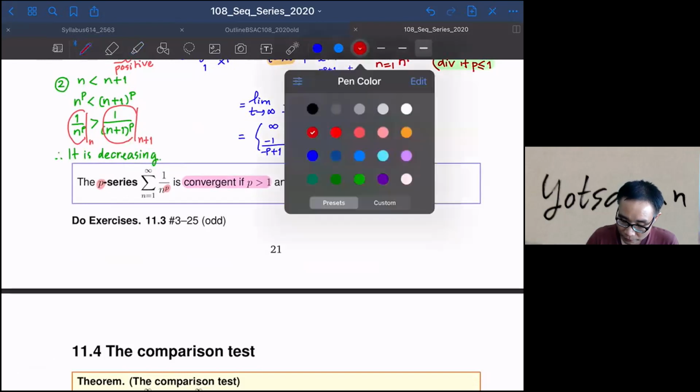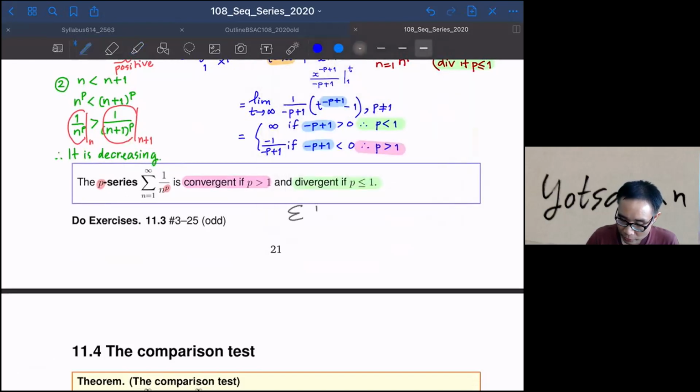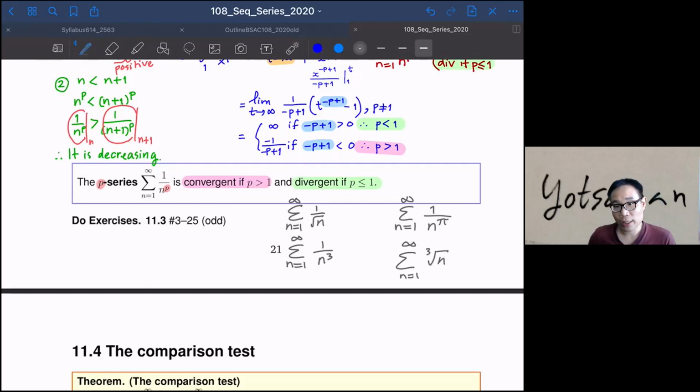For example, if I ask you about the series 1 over root n, n equal to 1 to infinity, the series of 1 over n to the third, like this, and the series of 1 over n to the pi, and the series of the third root of n, something like this.